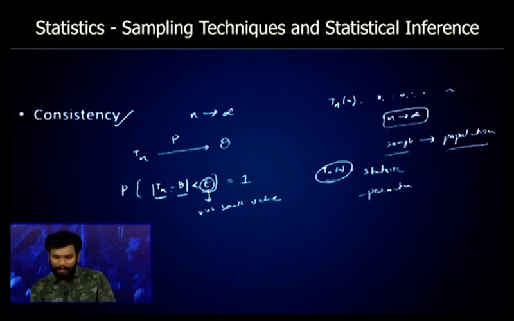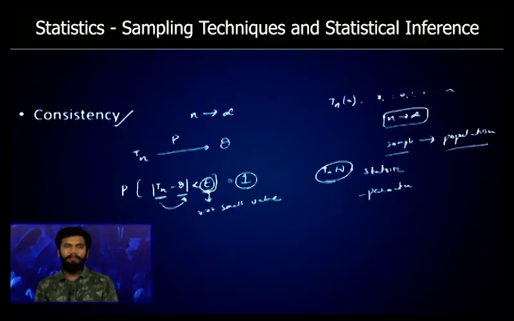So what should its probability be? It should be 1. That means Tn and theta should be very close when n tends to infinity. Then we can say that the estimator Tn of x is a consistent estimator.